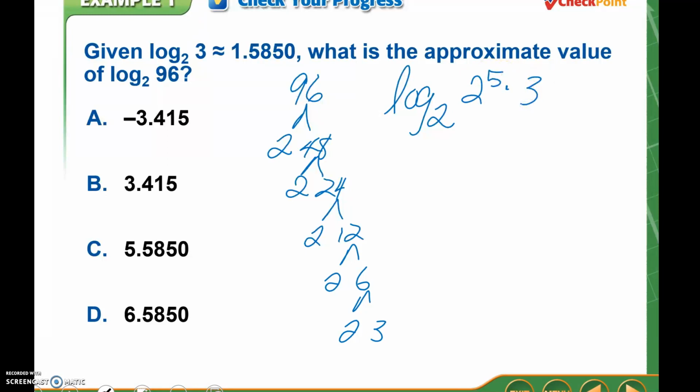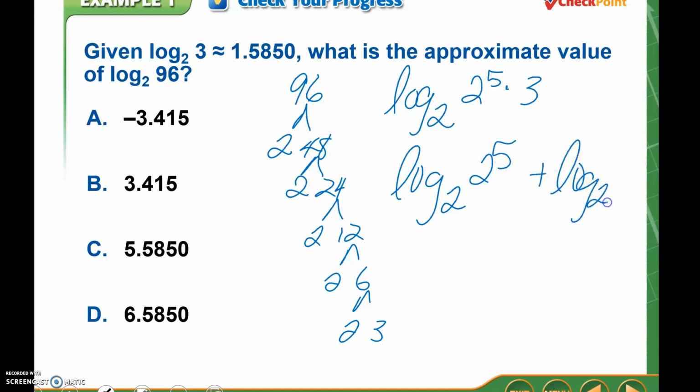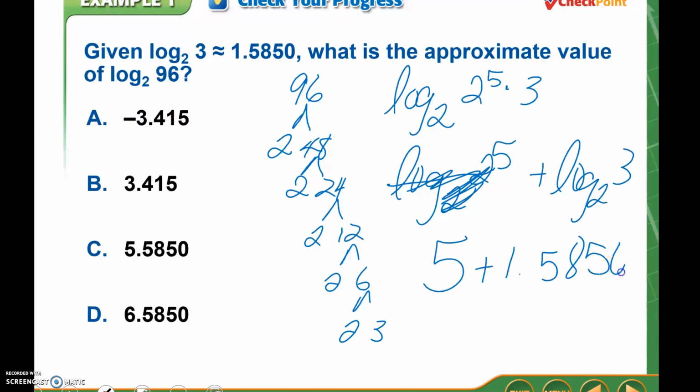But again, multiplication is addition in log. So log base 2 of 2 to the 5th, plus log base 2 of 3. And these same bases cancel out and give me 5. Log base 2 of 3 is 1.5850.